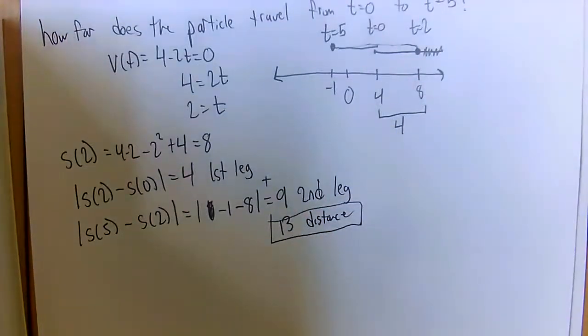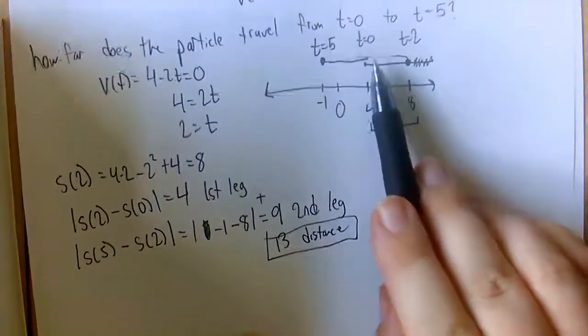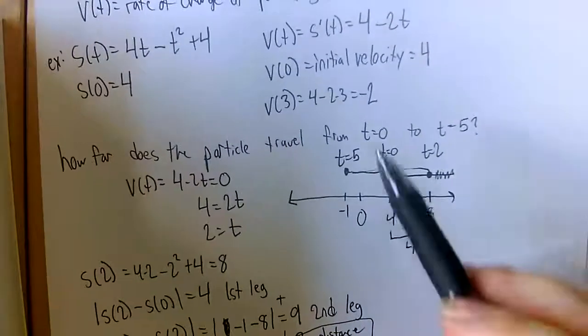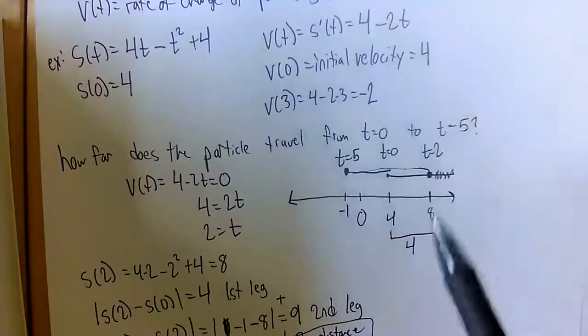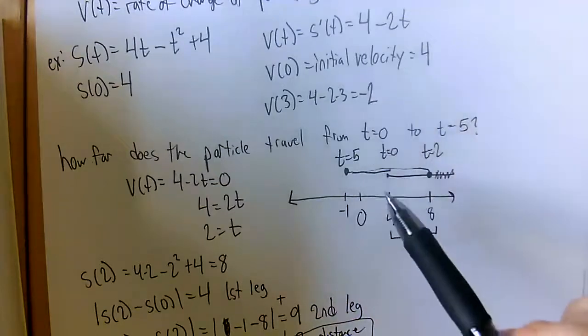All right, now I want to introduce a new mathematical concept, and I'm going to do so using the physics right here. So notice that when we were moving here, our velocity also changed. Our initial velocity started as 4, and then it went to 0 at t equals 2, and then we saw it went negative afterwards.